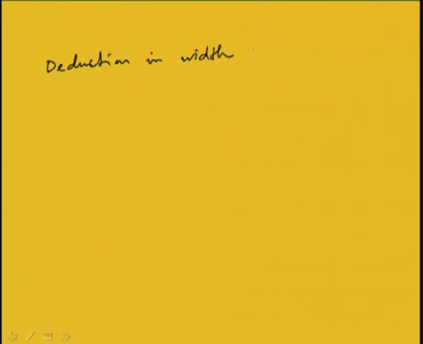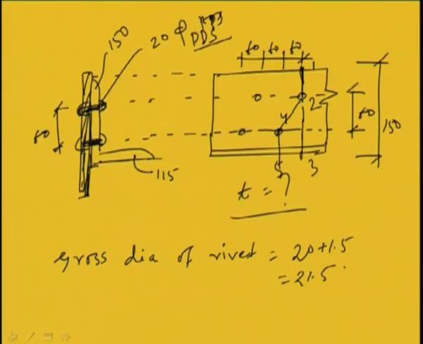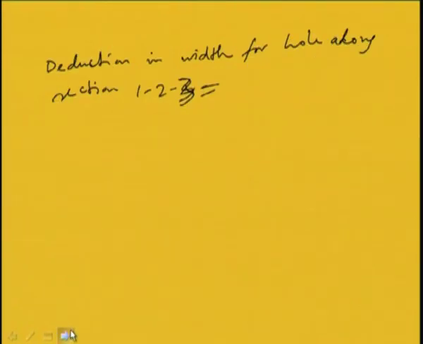So the deduction in width for hole along section 1, 2, 3 will be 1 into 21.5. So this is 21.5 millimeter, because only one rivet is there along 1, 2, 3.